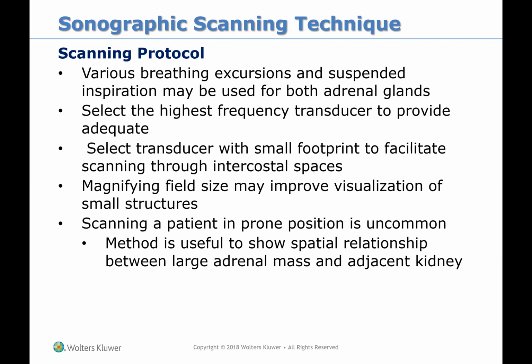Sometimes you have to have the patient take a breath in, to get away from the diaphragm and the ribs. You want to definitely use the highest frequency that you can and select a transducer with a small footprint, so you can go through the intercostal spaces. At the school, you're not going to be able to do that, so you're going to have to use a curvilinear probe.